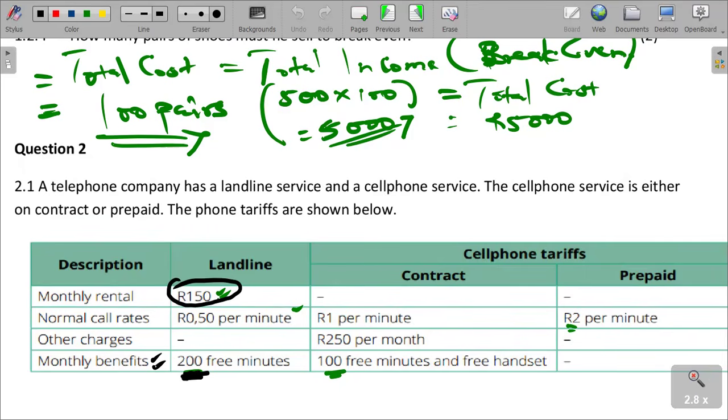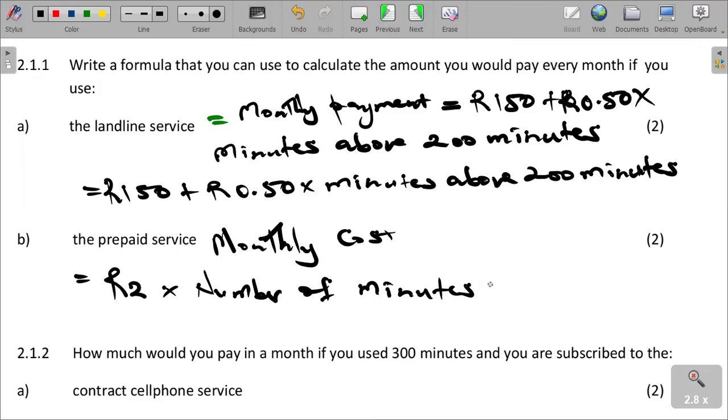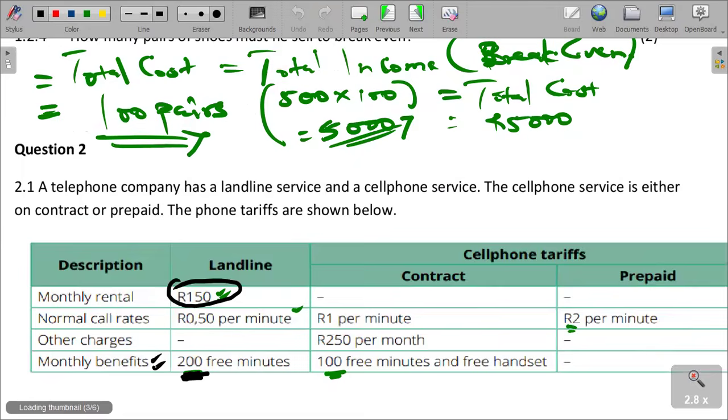So the cost is 2 rand multiplied by the number of minutes used. It is given in the context that those are the charges for prepaid, 2 rand per minute.